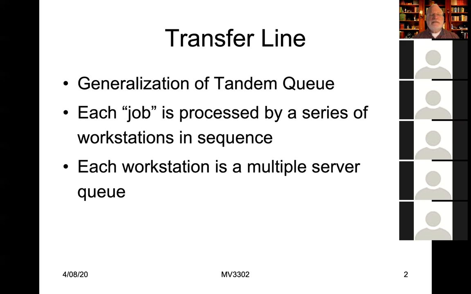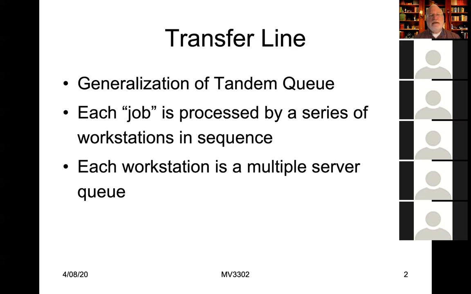So the idea is that in the tandem queue, we went to one server or one station, and when we were finished at that first station, we went to the next station, and then we were out. So that works for two, but what about many? What if you have many of these things?